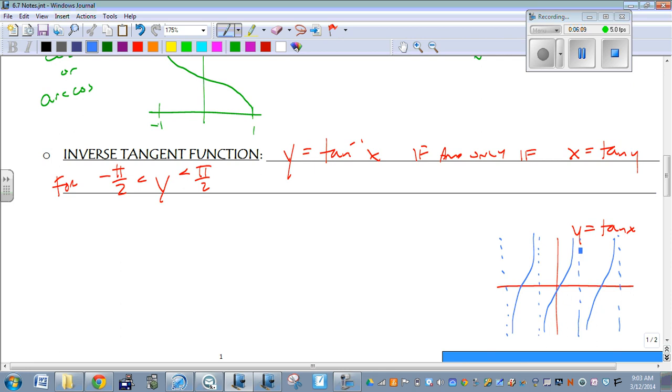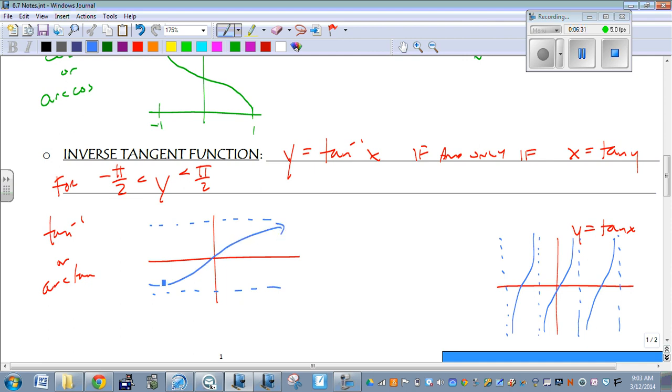If we look at that part, that has an inverse function. And that inverse function looks like this. We've got horizontal asymptotes for the inverse function, and then our graph looks like this, going again from negative pi over 2 up to pi over 2.